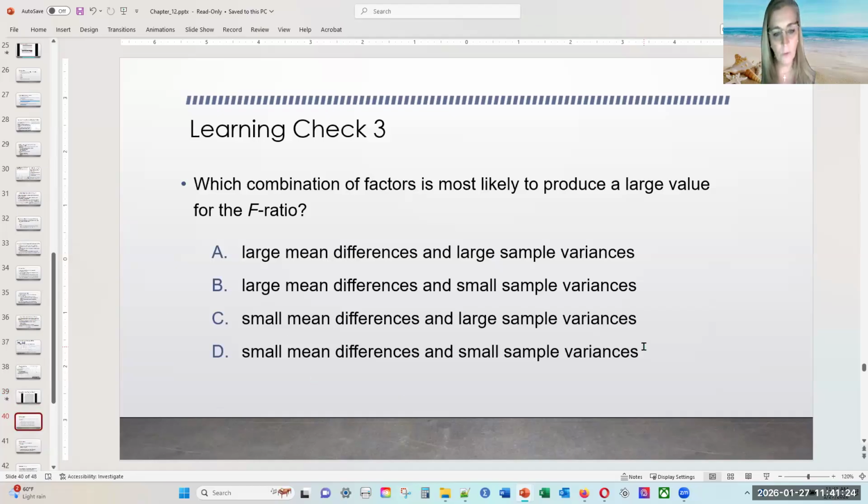All right, so let's do learning check number 3. Which combination of factors is most likely to produce a large value for the F ratio? Just think of it logically when you're making a selection here.